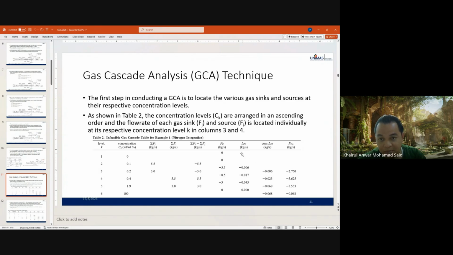This pinch is the minimum fresh nitrogen amount required or targeted to be introduced into the system, instead of zero. By cascading this fresh flow rate back into the table, we achieve the feasible cascade table shown. So by introducing fresh feed of 5.65 here, you will get the pinch at level 4.